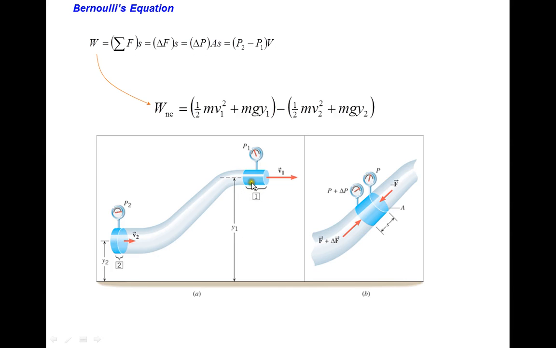Here we have two things going on. The pipe is narrowing and it's going up a hill. So if we consider the work, it's going to be the change in kinetic energy. So the total energy, kinetic energy plus gravitational potential energy for each of these different places on our pipe. And we could do some calculations there.